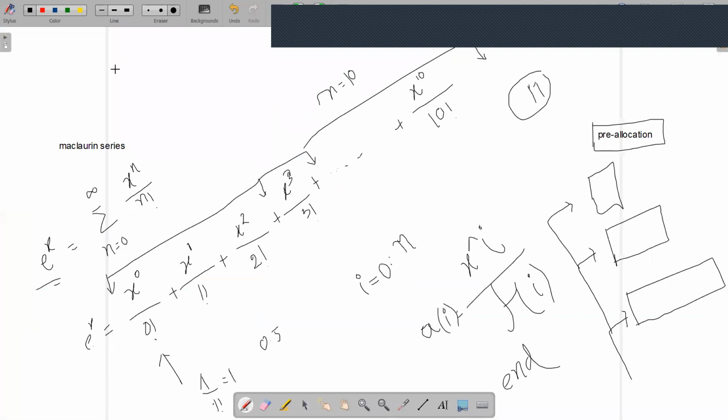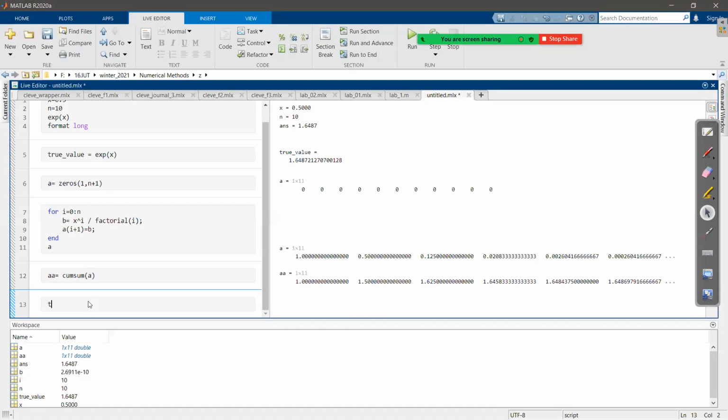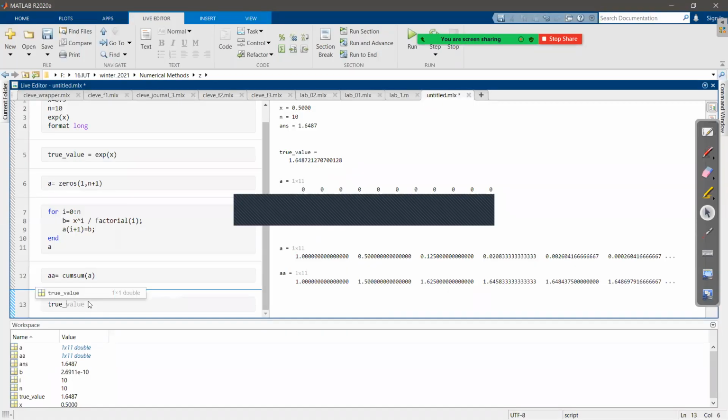The true value was calculated by MATLAB up to 15 decimal points, and I'm assuming this as my true value. Then for any value of n, I can see what my true error is. So if I write something like this, that is my true error.